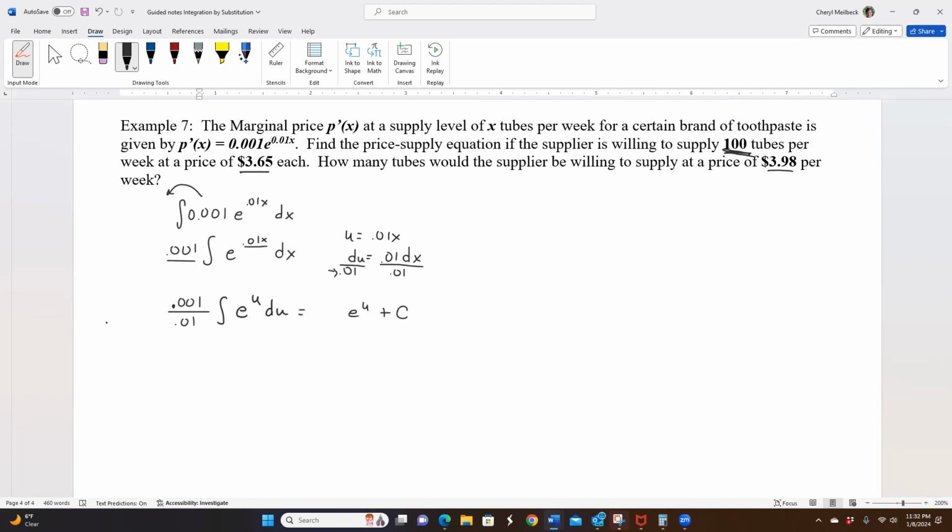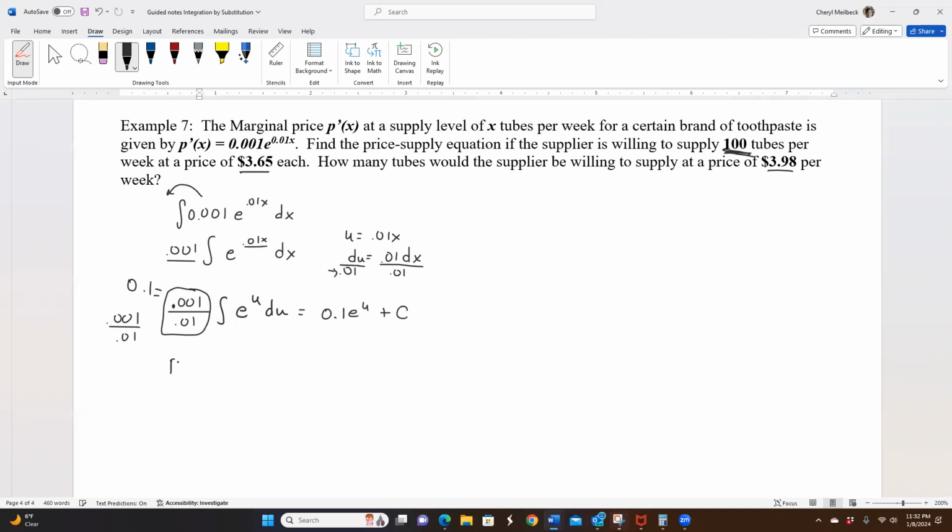On your calculators, go ahead and take 0.001 and divide it by 0.01. You may be surprised what you get. 10, right? No, 0.1. Yep, so this out here just becomes a 0.1. So we'll write that.